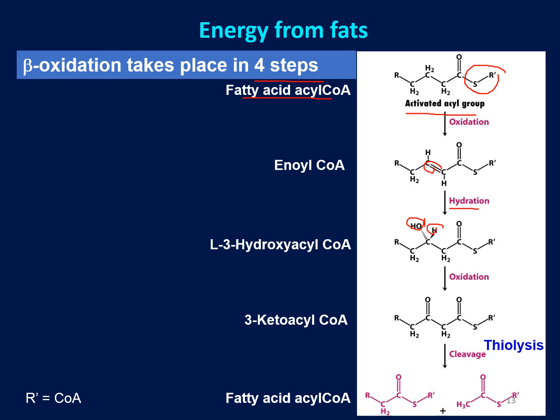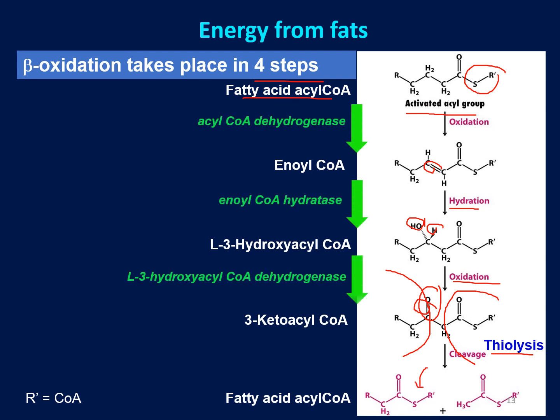And then you have a second oxidation event by which you get a new carbonyl group, which is finally cleaved by the process of thiolysis to produce the 2 carbon acetyl coenzyme A and a shorter fatty acid that's again attached with a coenzyme A.